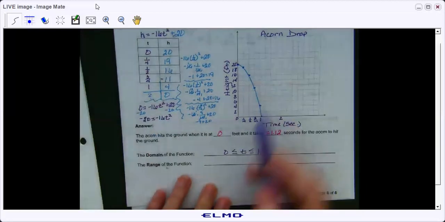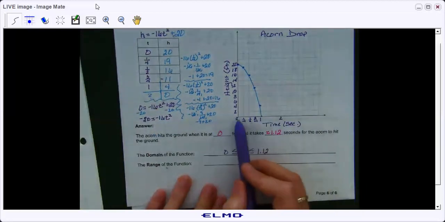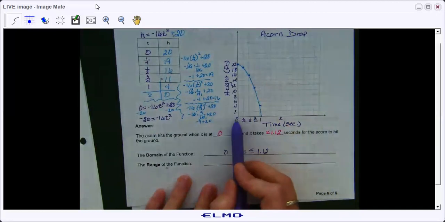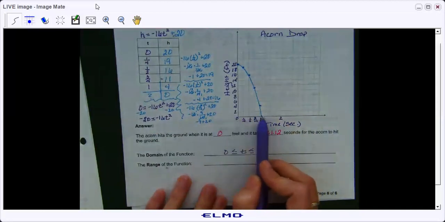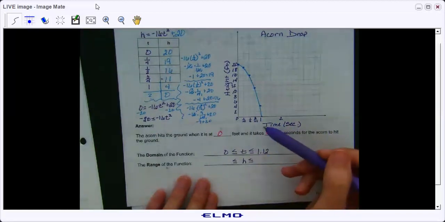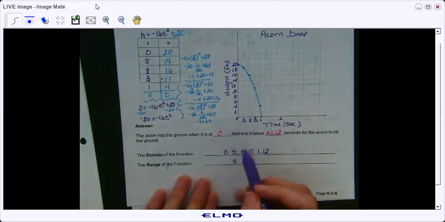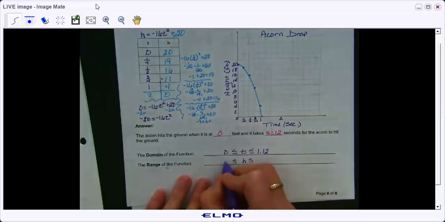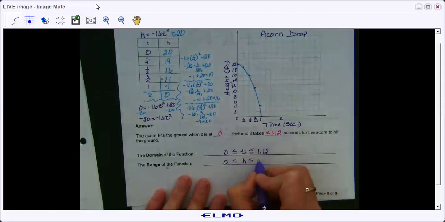It starts on the x-axis at 0 and it goes to 1.12. On the y-axis, which is our height, it starts at 0 and goes all the way to 20. So it's greater than or equal to 0, less than or equal to 20, because it doesn't go above 20 feet. It starts at 20 feet.